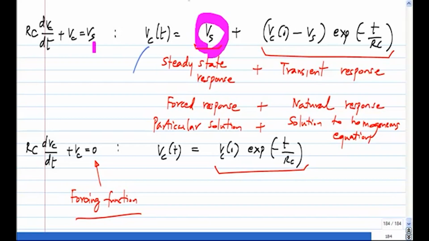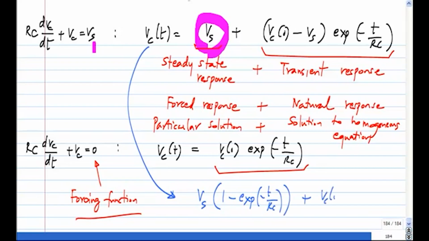So I will write this Vc of t for this case when Vs is present as I group all the terms with Vs, and then everything with Vc of 0. Now thinking of these things is useful also later.